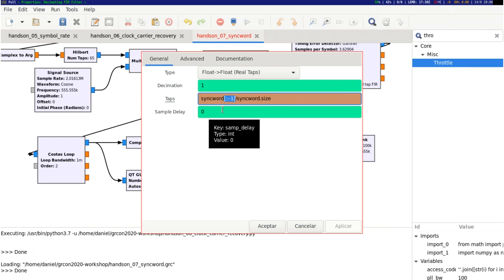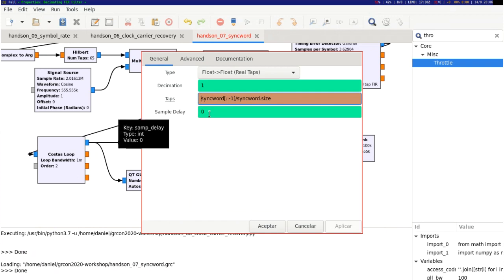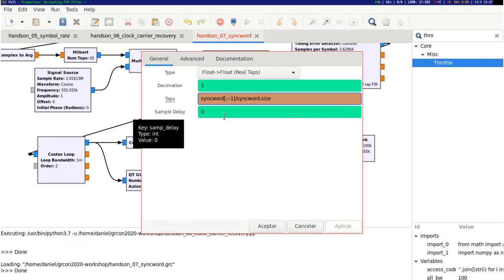The first element becomes the last one, etc. This is done because to correlate with an FIR filter, you need to reverse your thing you're trying to correlate with. The mathematical reason is an FIR filter performs convolution. We are wanting to do correlation. Correlation and convolution are quite related, but there's a reversal in the middle. So don't forget to reverse your sync word.